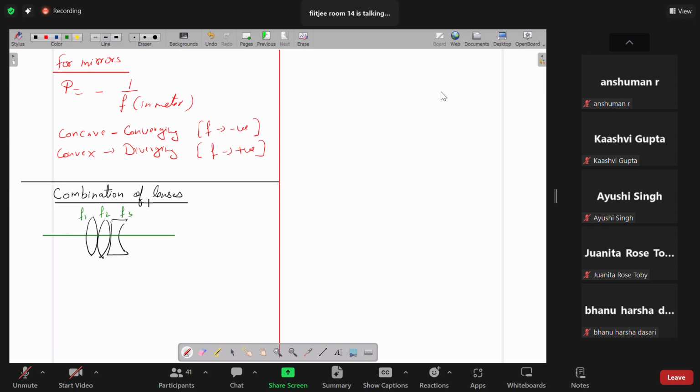Then the focal length of this combination will be given as 1 upon f equivalent will be the sum of focal lengths of individual lenses taken in accordance to their sign.